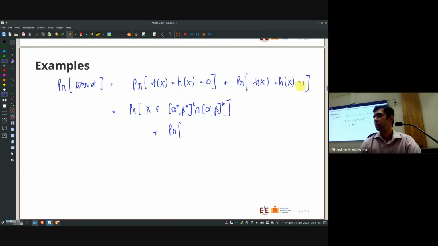When it's in alpha star beta star, and h of x is equal to 1 when it is in alpha beta, right? So this is x lies in alpha star beta star intersection alpha beta.